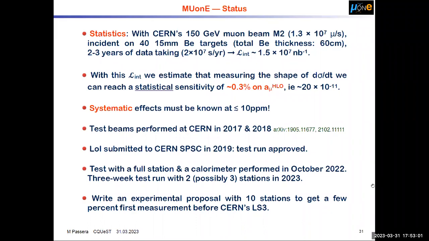It will probably be a few percent. But honestly, it doesn't matter, because this would be a proof of principle that you can do a completely independent measurement with a completely independent technique at the level of a few percent.